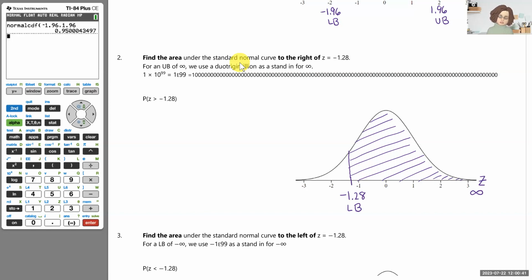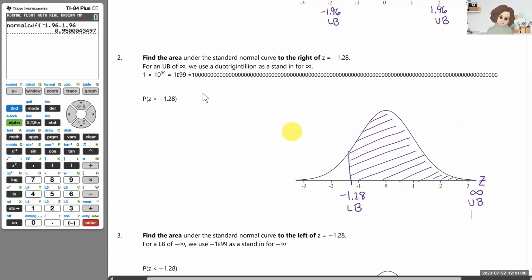On the calculator, here's our scientific notation for that number, 1 times 10 to the 99. What we'll do is enter 1, and then the E for the scientific notation, and then the 99 moves the decimal point to the right 99 places. So infinity is not an upper bound, but we'll replace it with that number.